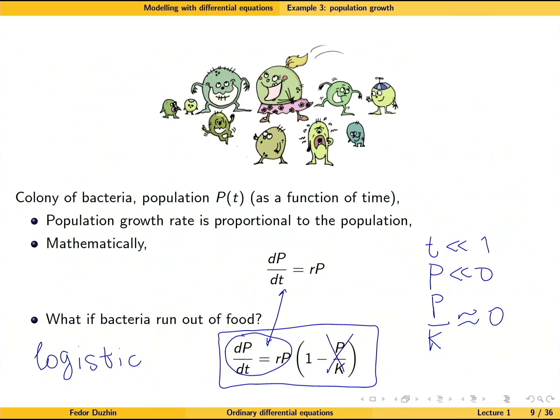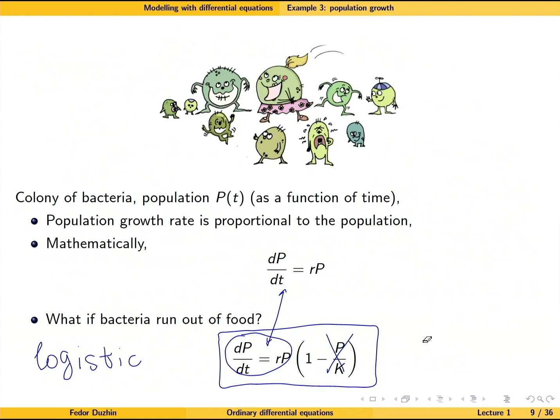But it can only be applied if the current population of bacteria, which is P, is really very small, much smaller than K. So this happens if P is much smaller than K. Let me write it again.